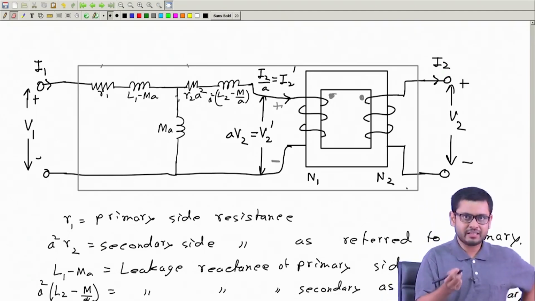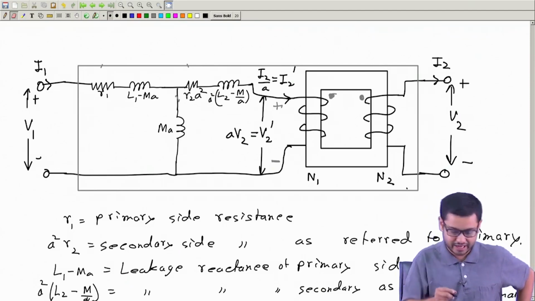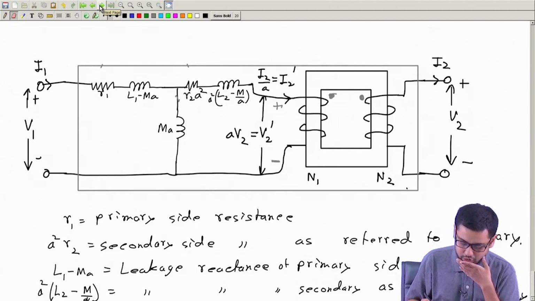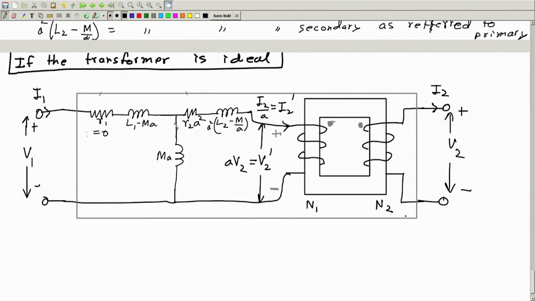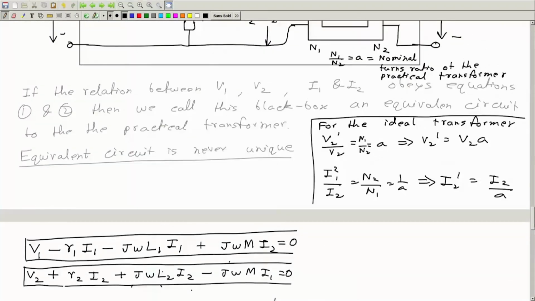Okay, so let's take a few more minutes to show you a nice interesting fact. So you can simply erase it. This will also become 0, because that's the condition for an ideal transformer we have written.